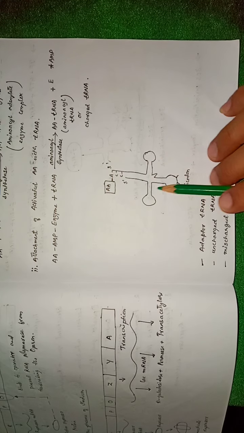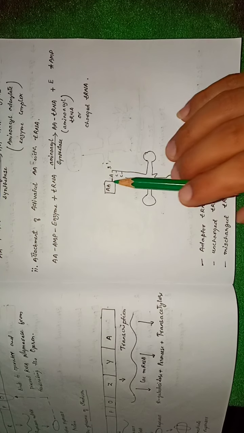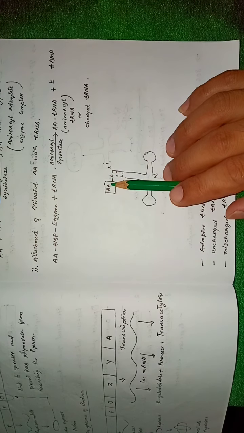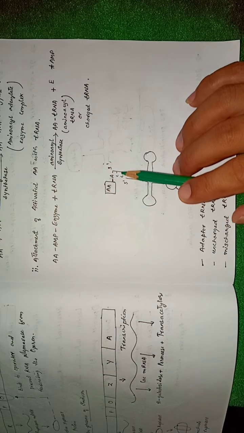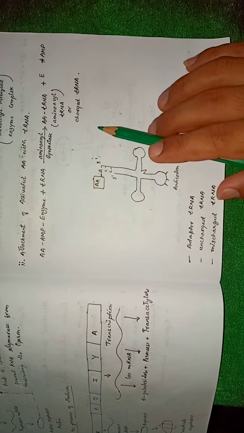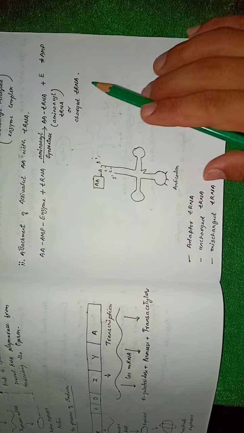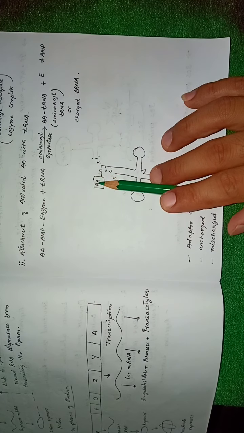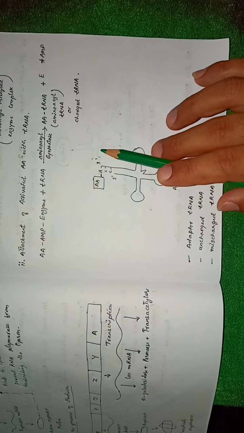So this is the tRNA, this is the anticodon site, and this is the 3' end. The amino acid will be attached to the 3' end. Hence, if the amino acid is attached to the tRNA, then the tRNA is called charged tRNA. If the tRNA doesn't have an amino acid on its 3' end, then it is called uncharged tRNA.